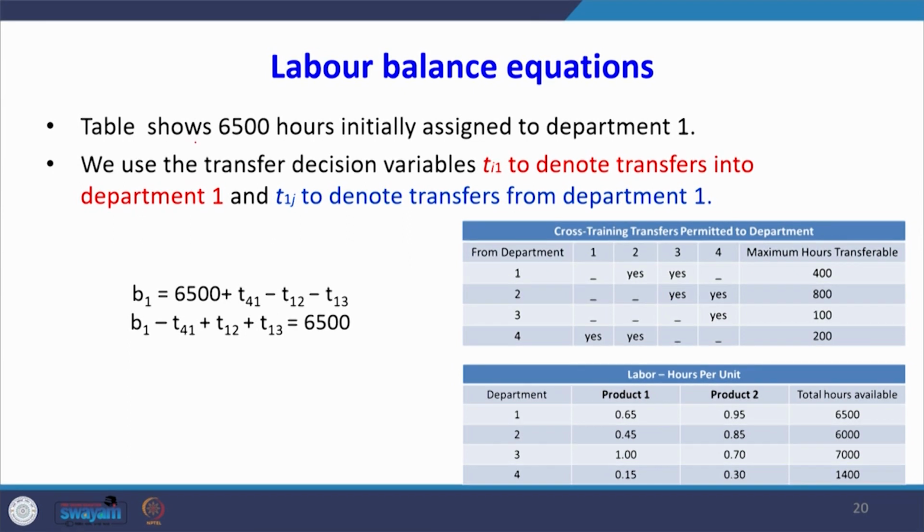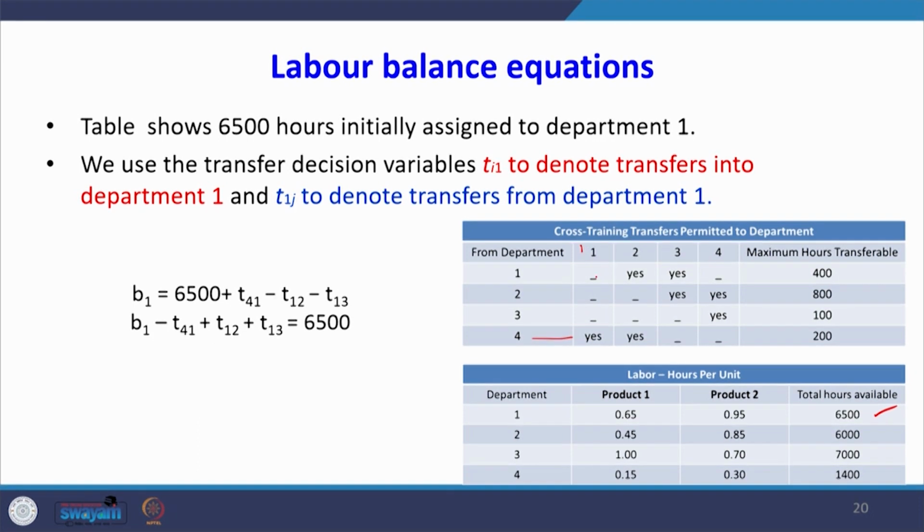So, this table shows the hours initially assigned to department 1. See that initially for department 1 we have assigned 6500 hours. So, we use the transfer decision variables Ti1 to denote transfer into department 1 and T1j to denote transfer from department 1. So, B1 equals 6500 plus, you see that from department 4 we are transferring to 1.